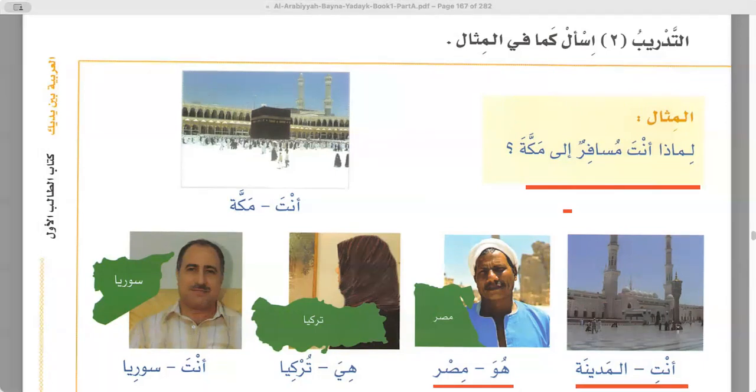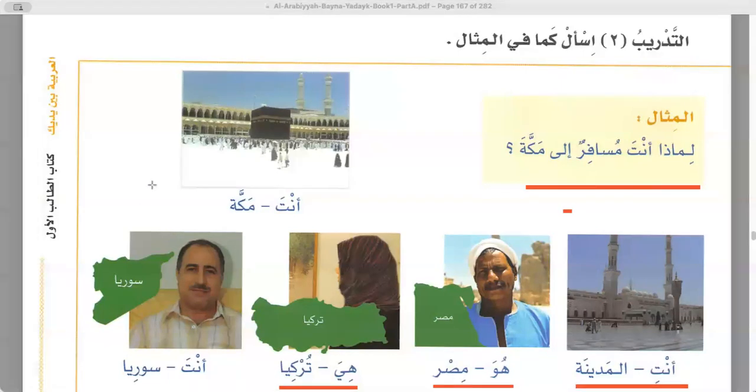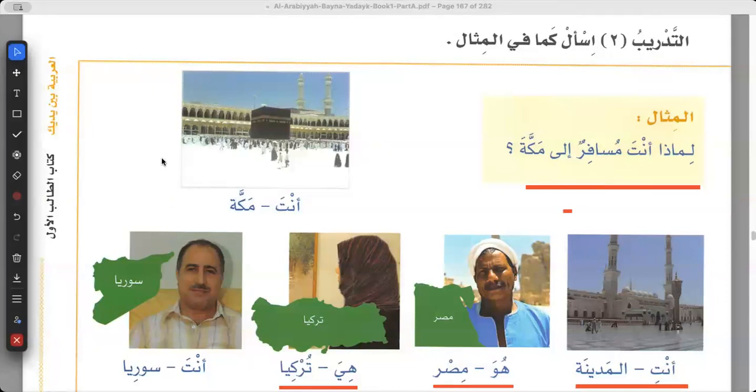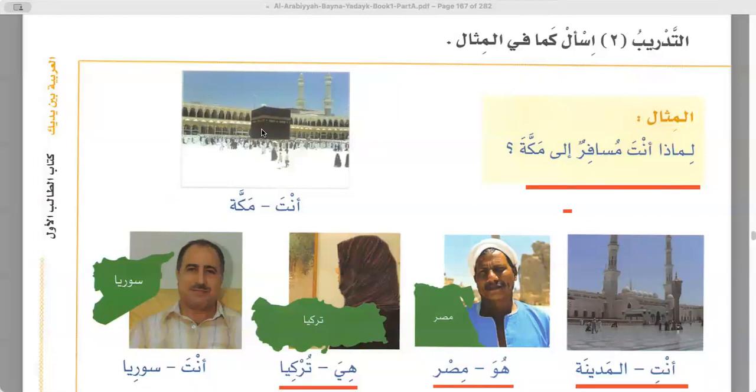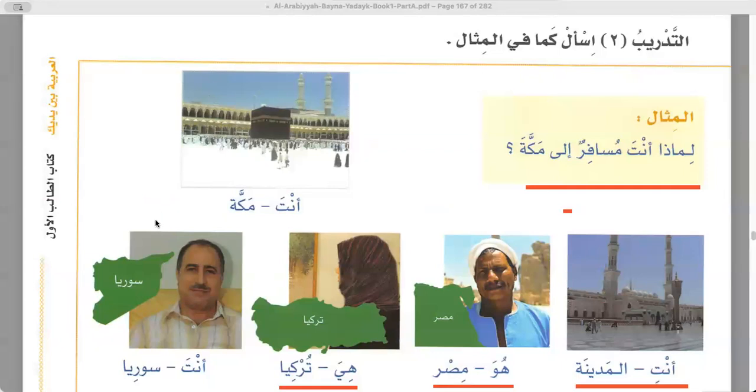Now here, Turkey. Number 692. لماذا هي مسافرة إلى تركيا؟ ما شاء الله. بارك الله فيك. أنت سوريا.